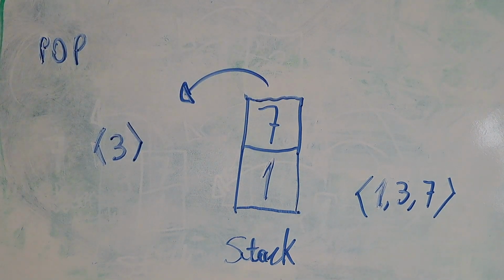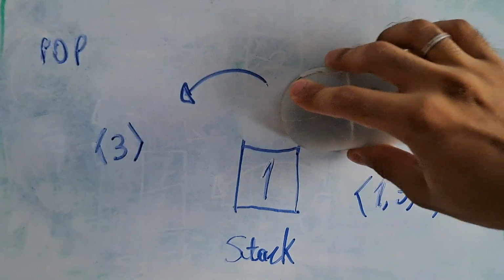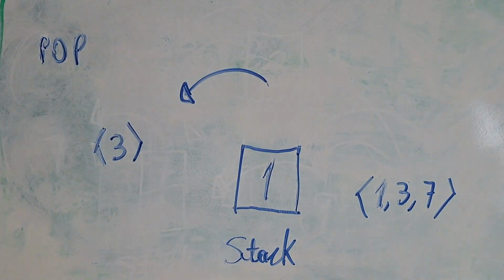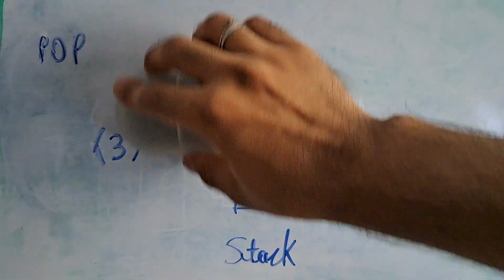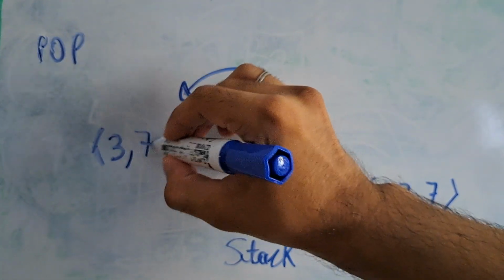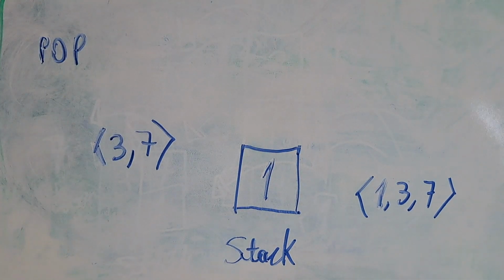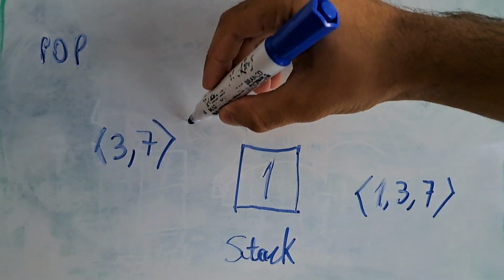Next one will be the element on the top again. Now in this case number 7. And so on until there are no elements left in the stack.